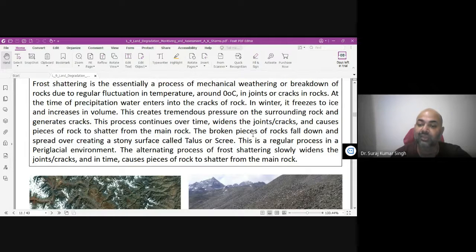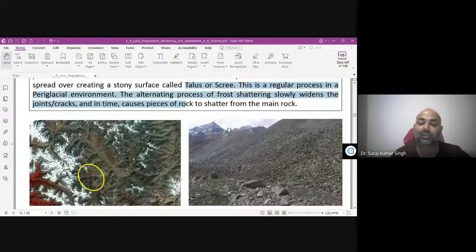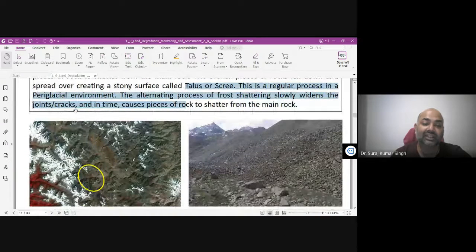This broken rock falls downwards and spreads over, creating a stony surface, and that is called talus or scree. This is a regular process in a periglacial environment. The process of frost shattering slowly widens the joints and cracks, and in time causes pieces of the rock to shatter from the main rock.